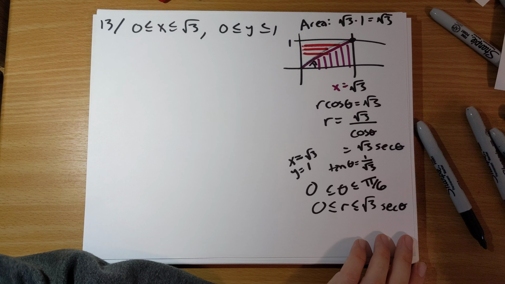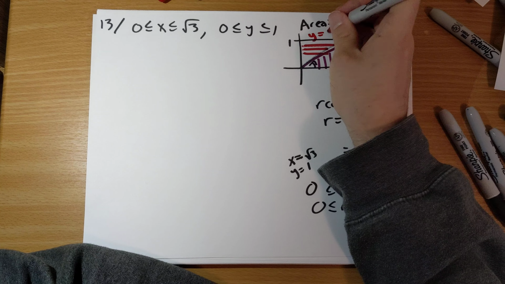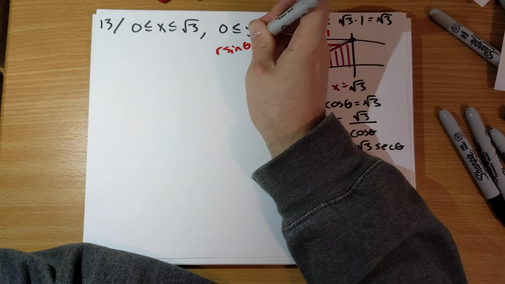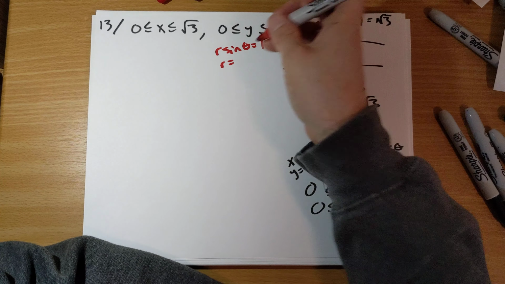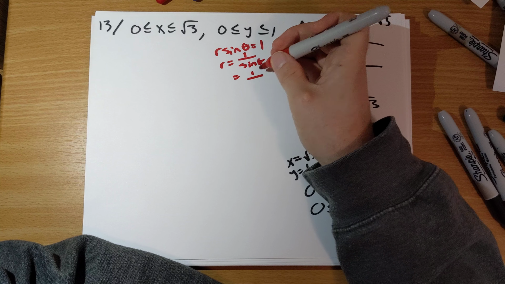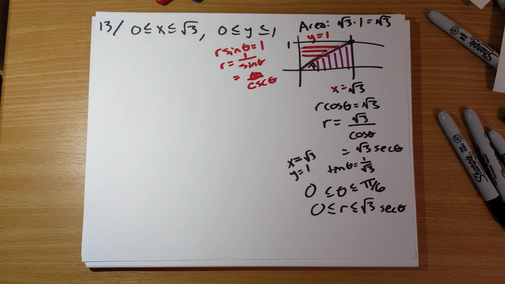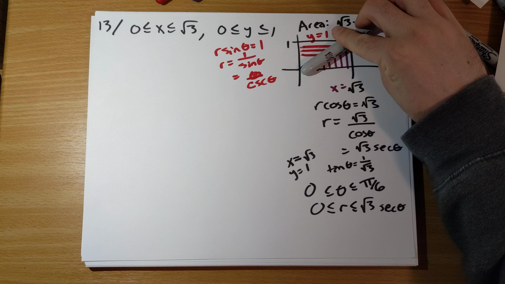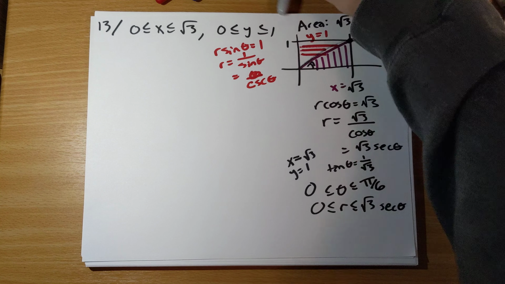We have the line y equals 1. Well, y is r sine theta, and so in polar coordinates this line is r equals 1 over sine theta, which is cosecant theta. We already found that this theta value here is pi over 6, so theta runs from pi over 6 to pi over 2.